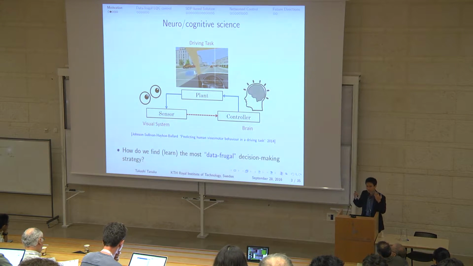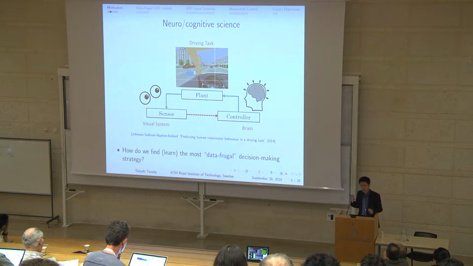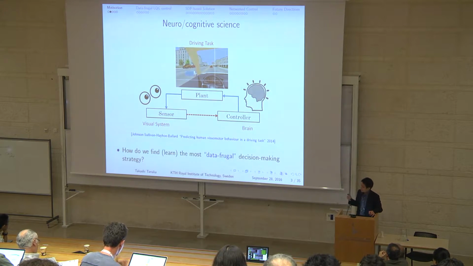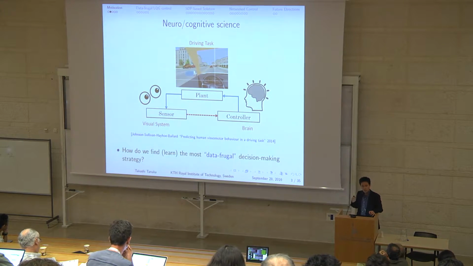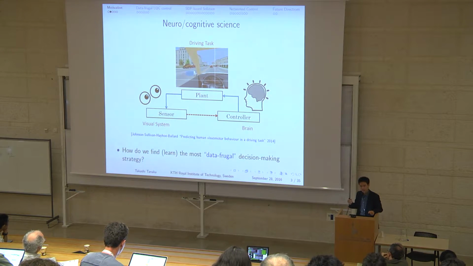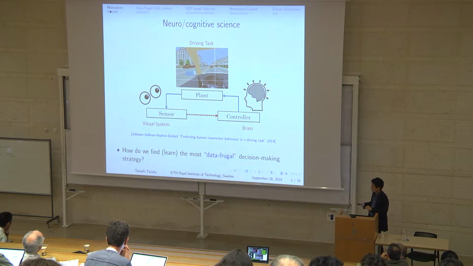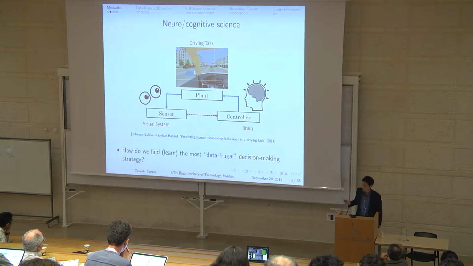So there is a sort of learning process happening in your brain. But this learning process is not per se to optimize your control performance. Rather, it is to reduce the information processing cost. I think this is a very interesting question, but unfortunately, in this talk, I'm not going to talk about the learning aspect of this problem.